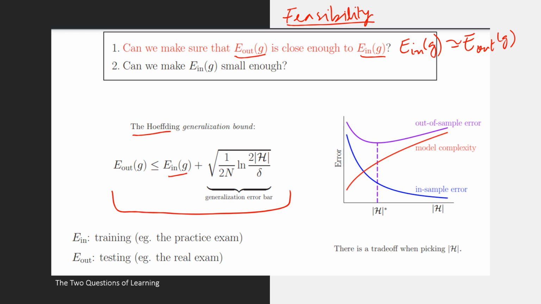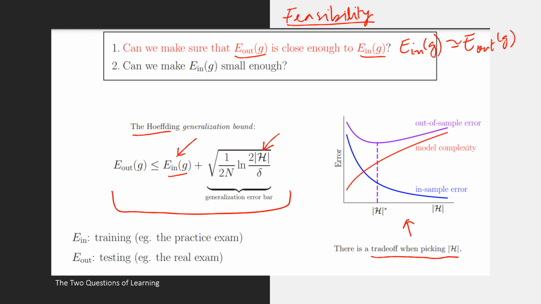The important thing here, if you remember, on the right hand side was this graph, that there is a trade-off when picking the number of hypotheses. It's because this error bar has the number of hypotheses as one of the important variables, and as we increase this, it has an impact on E in as well as itself.